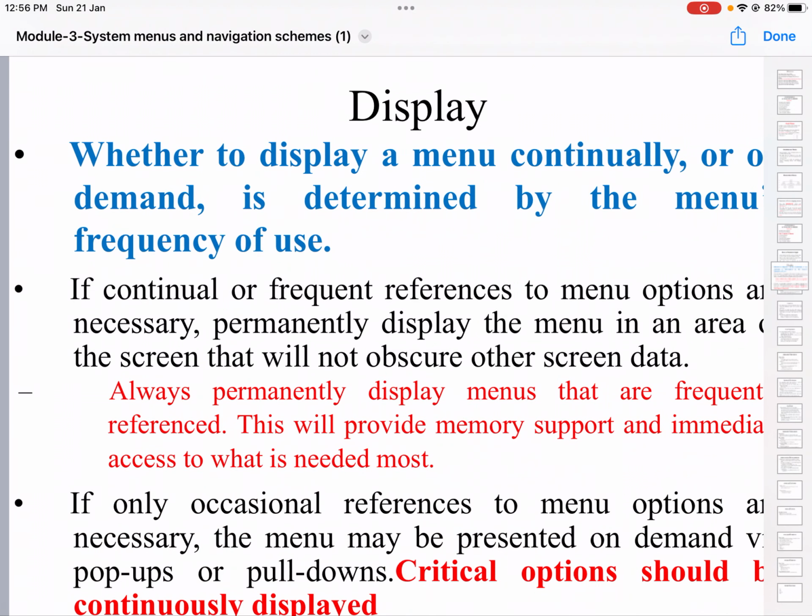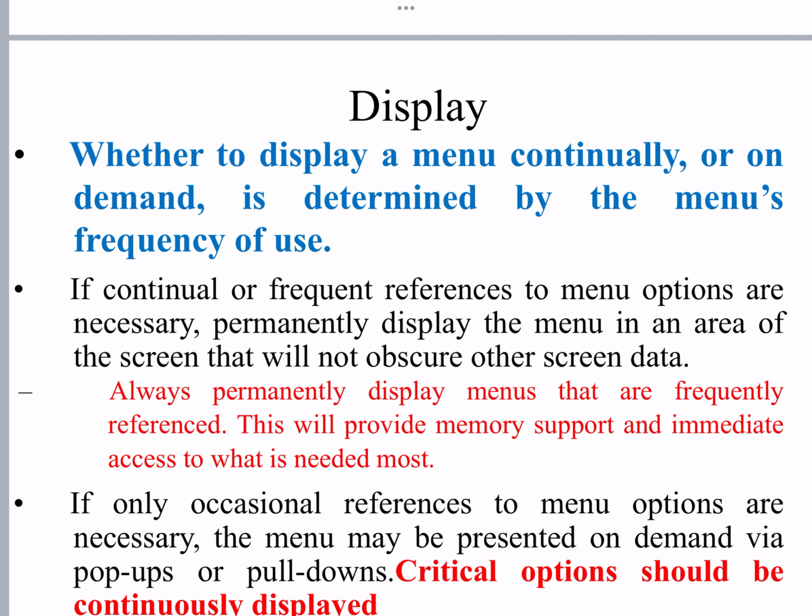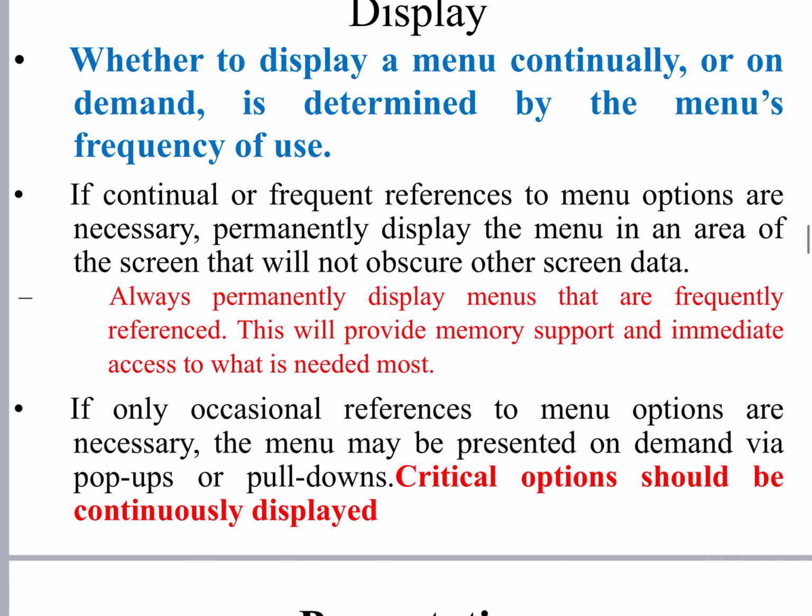Next up, we'll be discussing the display. When it comes to display, it is all about whether to display a menu continuously or on demand, which is determined by the menu's frequency of use.